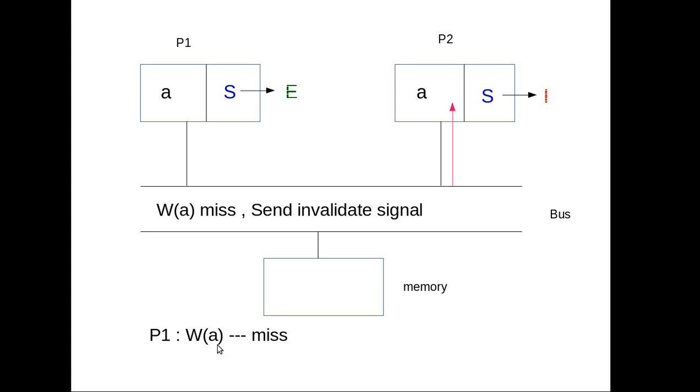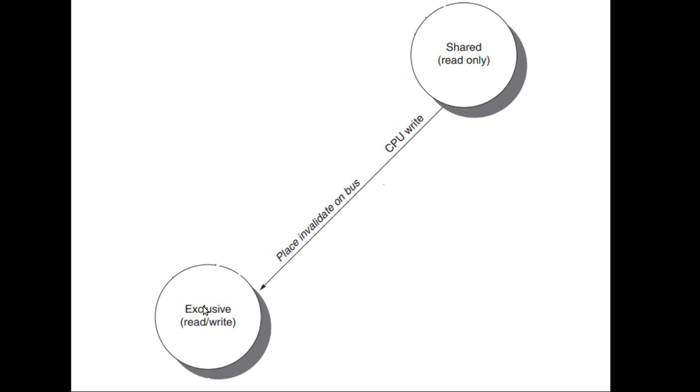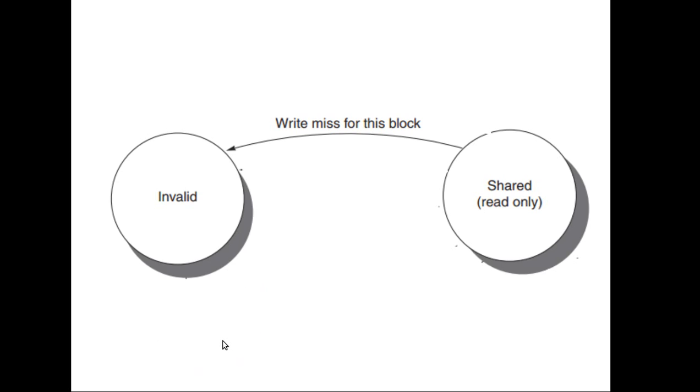See here, for write miss, by placing invalid signal we are moving from shared state to exclusive state. That is what this is representing here. Next, we are moving from shared state to invalid state by write miss. So that's what it is.